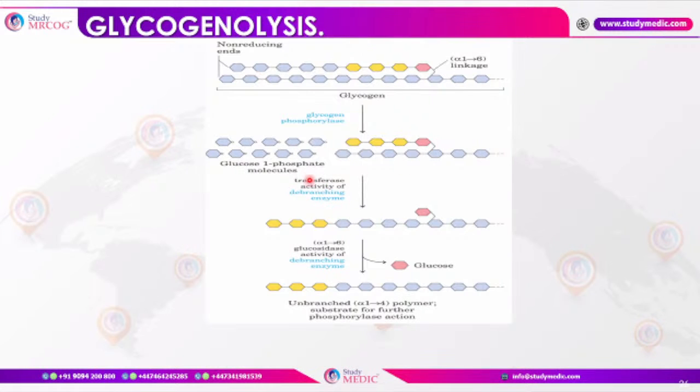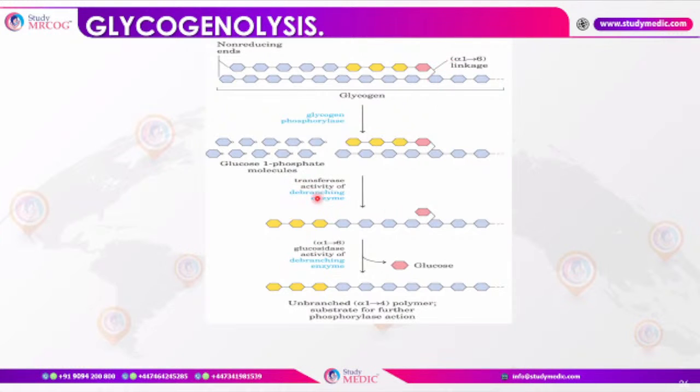Now the transferase enzyme, the debranching enzyme, will remove this segment and expose this bond, that is alpha 1,6. Again, the debranching enzyme has alpha 1,6 glucosidase activity. So it will release the free glucose molecule. From here we had seen two branches connected with the branching point.